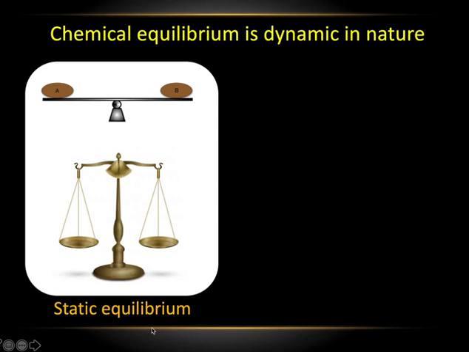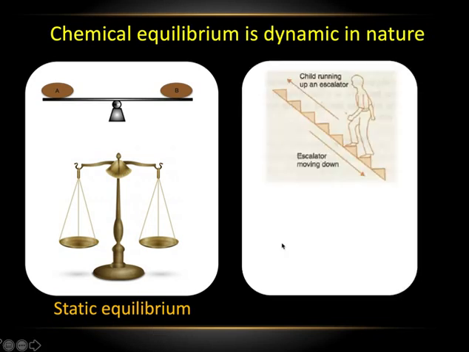They are static. Let's take another example to contrast this. This is an escalator which is moving downwards. I'm sure we have seen escalators in railway stations, in malls and other public places. The escalator is going downwards and this person is trying to go upwards. Let's think of different scenarios.